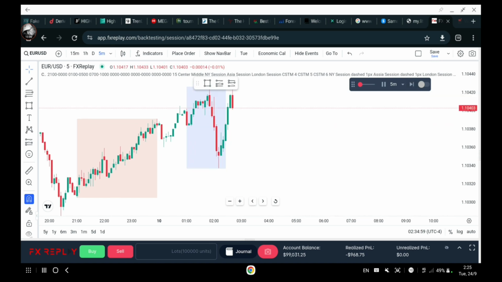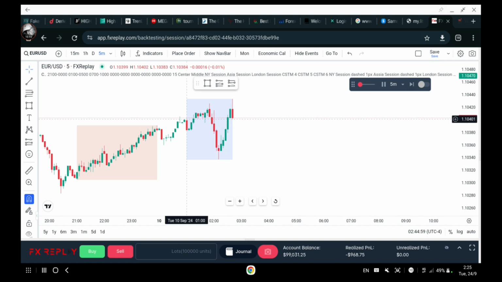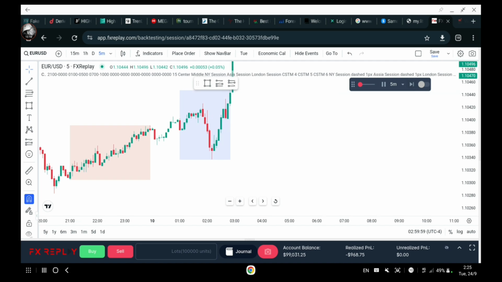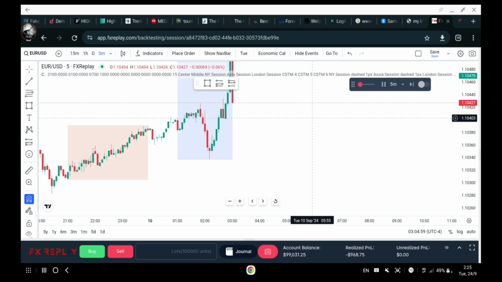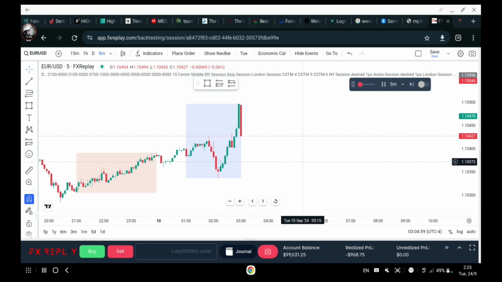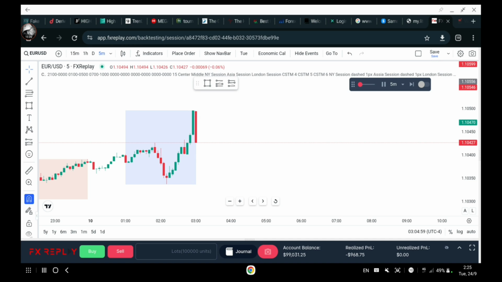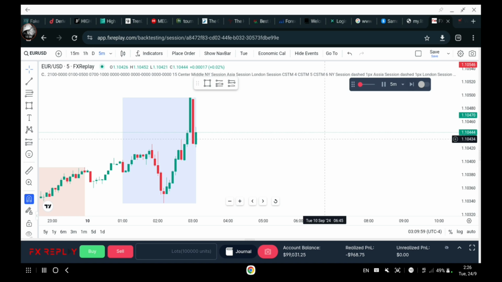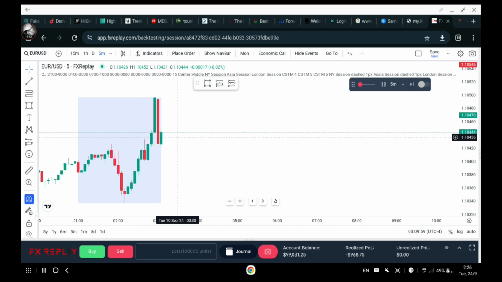You can clearly see if you entered short here, you would have been stopped out on this series of fair value gaps. There we go. We have an inversion. No, there's not. Let's wait for the next candle. Yes, it inverts.